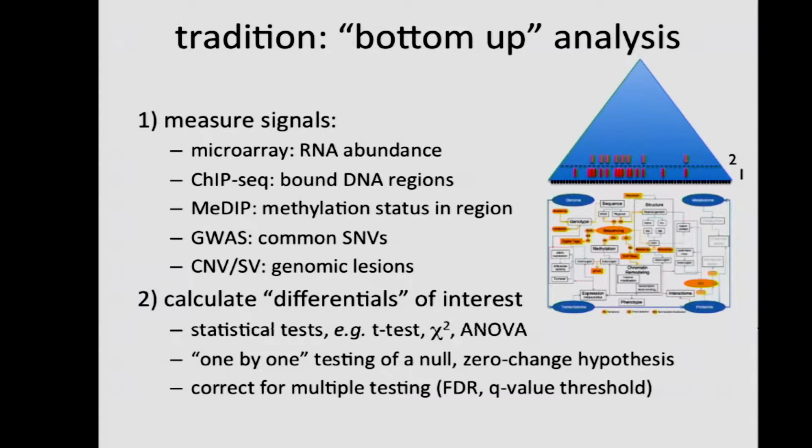There are 20,000 some genes in the human genome, but in any given RNA-seq experiment, you're only going to see about half of them. Maybe 70% of those genes are actually abundant in any given cell, in any given tissue. So already you don't really get to see everything. You get to see some of it. And then some subset of that is actually statistically significant based on some statistic and correction for multiple testing.